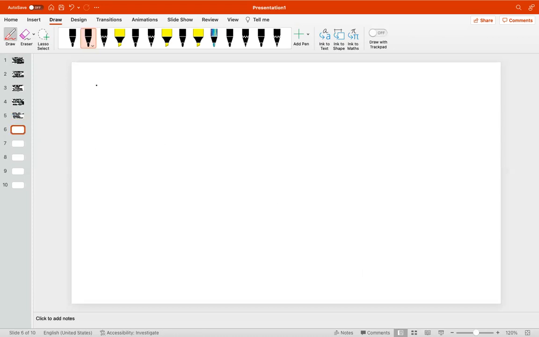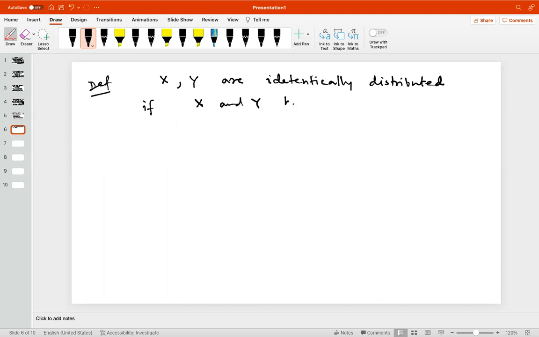Then we say two distributions are identical. The definition of we say x and y are identical, that is same, identical. We call identical independent IID. So identically distributed if x and y have same distribution, have same distribution function.